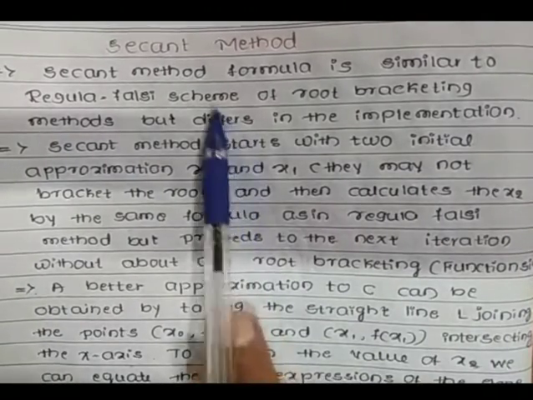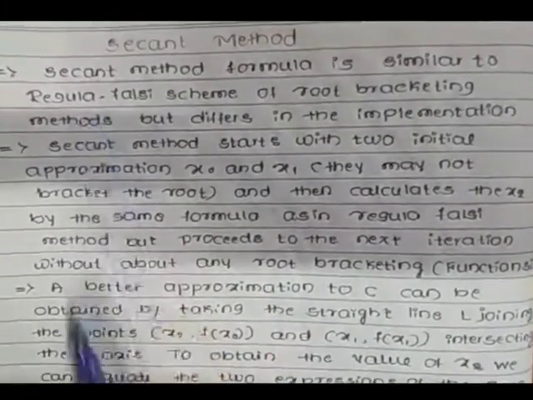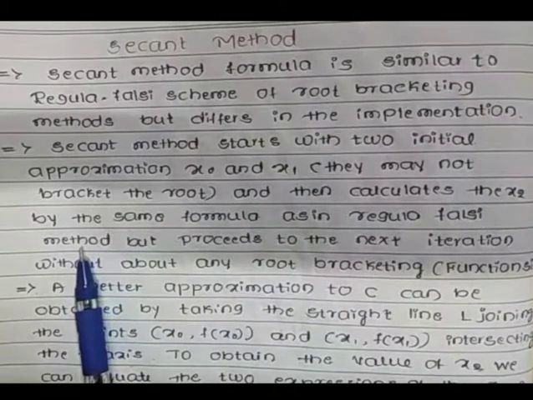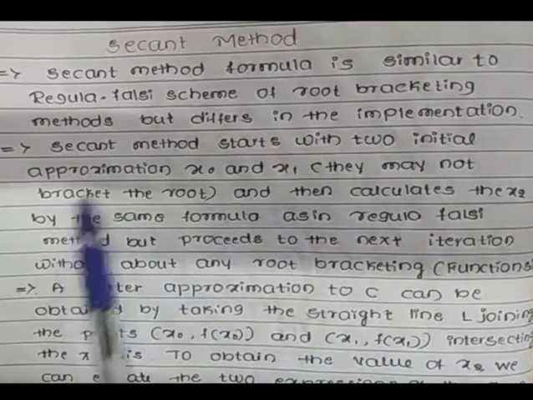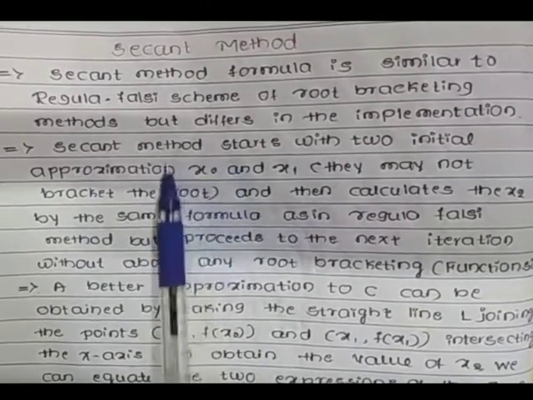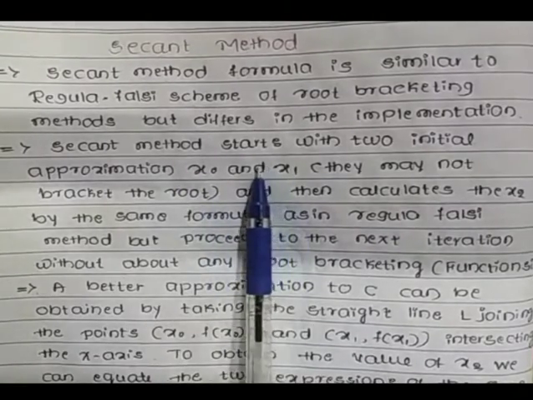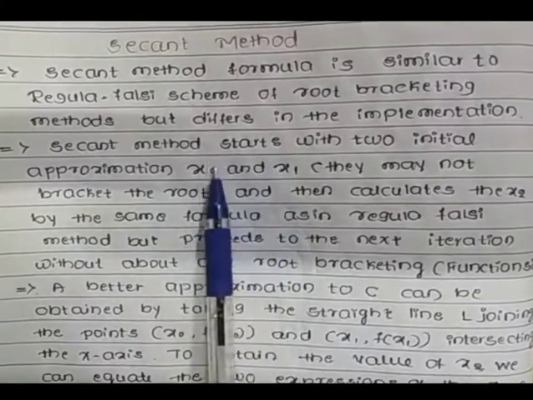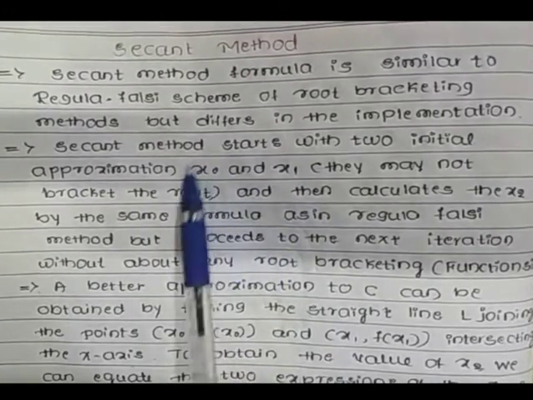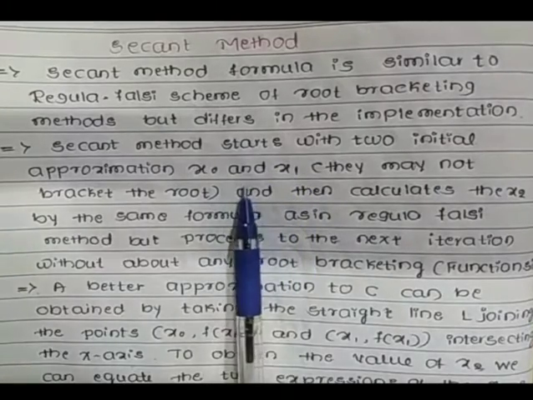So whatever the formula we are using in secant method, that is similar to regular falsi. In regular falsi, we start the approximation from a and b, but here in secant method we have to start with the initial approximations x0 and x1 as our two initial approximations.